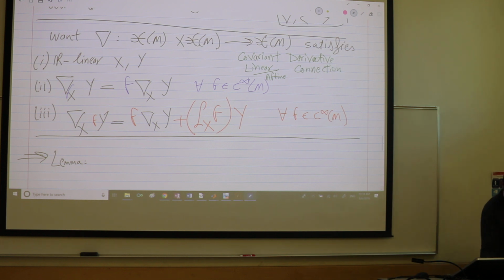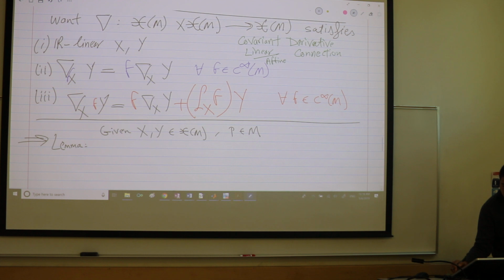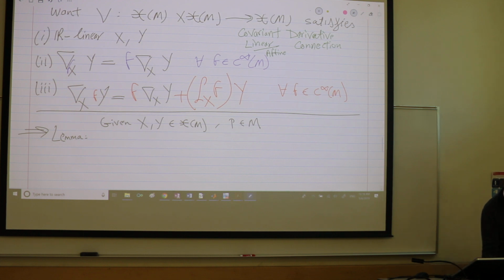Okay, given two vectors, x and y, at some point in M, the result is a vector, right? So I can evaluate it at a point. It lives in the tangent space now. Okay, what does this depend on?